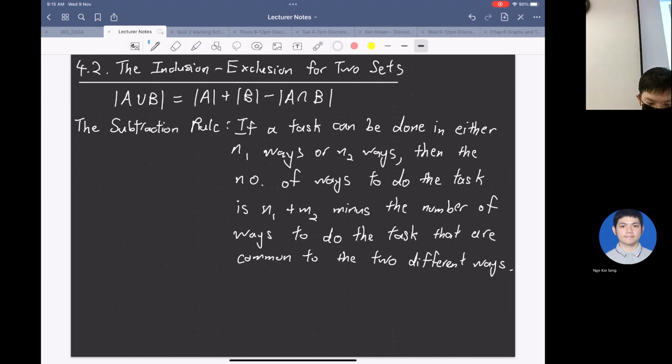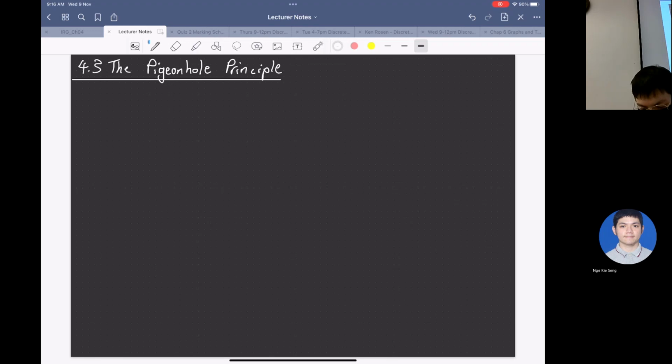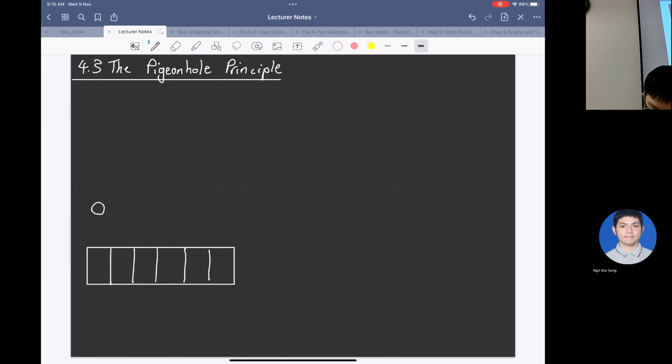Then the next one is called the pigeonhole principle. So what's the pigeonhole principle? Maybe I draw some picture first. Let's say we have 6 holes here, and then let's draw some pigeons.